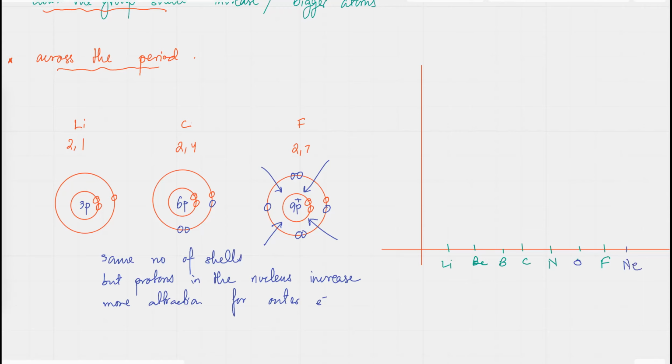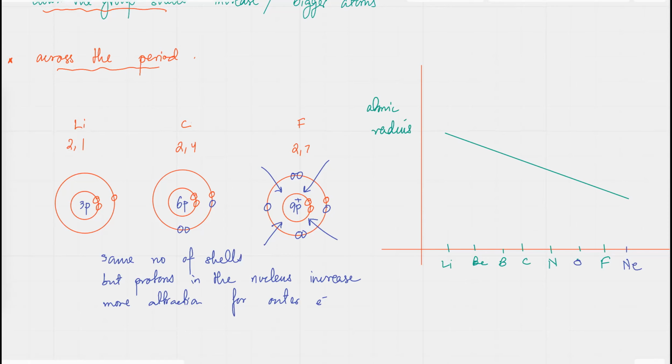So this is how it's going to look, that the size of the, this is the atomic radius, and the size of the atom would constantly decrease.